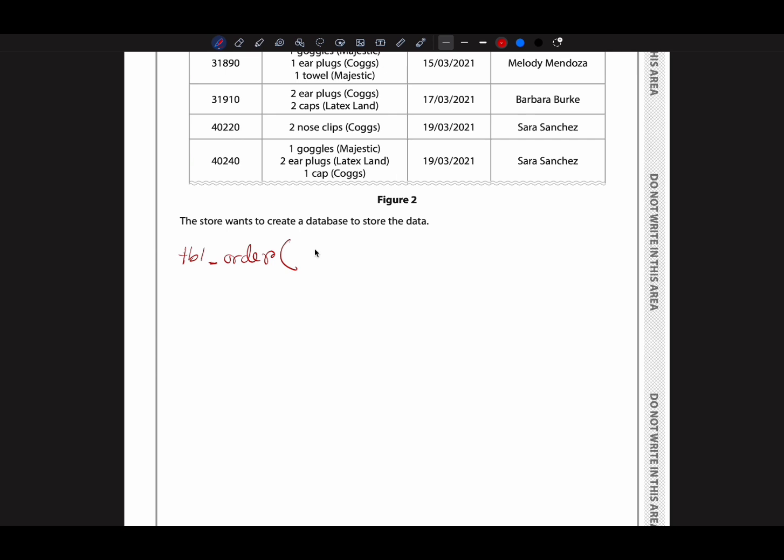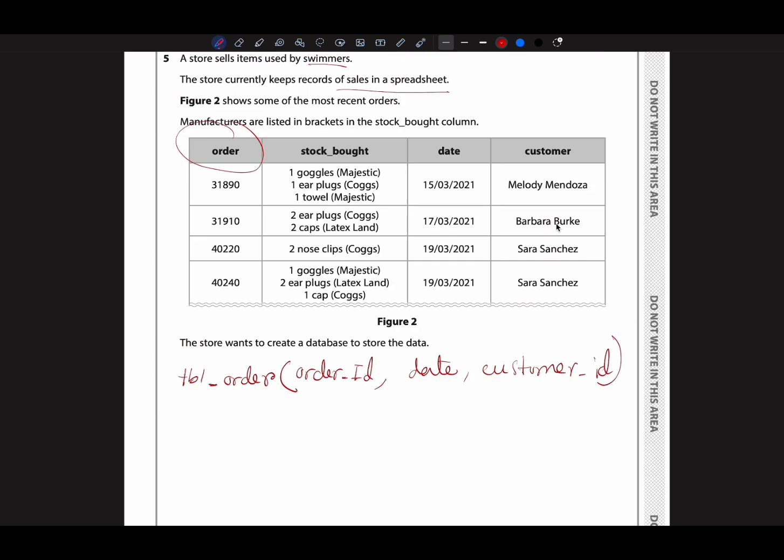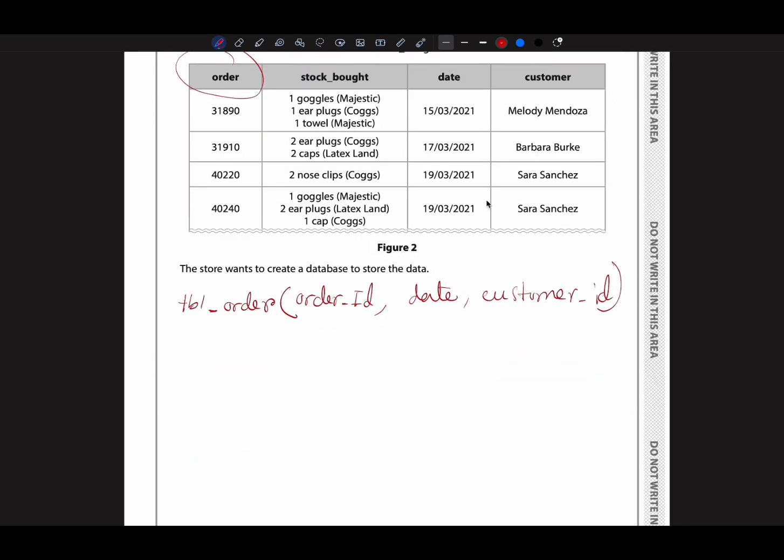Inside order we must have order ID, comma, and then we also need the date when this order particularly happened, right? So we need the date, and who bought it, we need the customer ID, right? Customer ID. Now we'll focus on customer ID because this is an order table, so we need a table for customer as well.